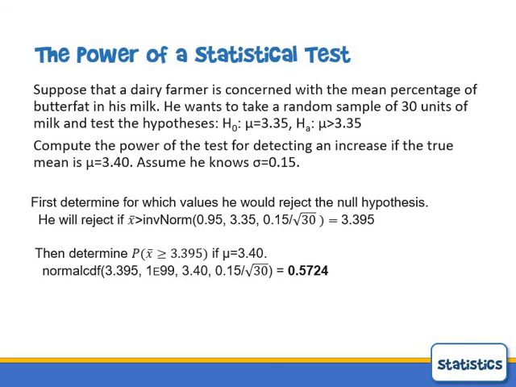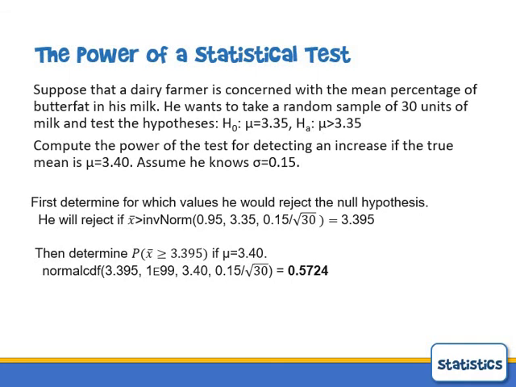So we would do the normal CDF from 3.395 off to infinity, 1e99. Okay, so what's the probability that he gets a sample mean that's bigger than our cutoff there, 3.395 off to 1e99, now assuming that the mean is 3.4, because we're going to compute the power if the mean was 3.4.